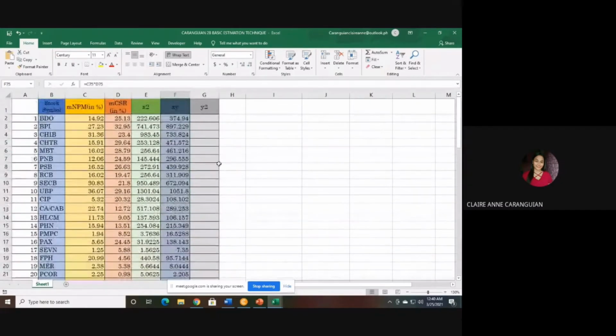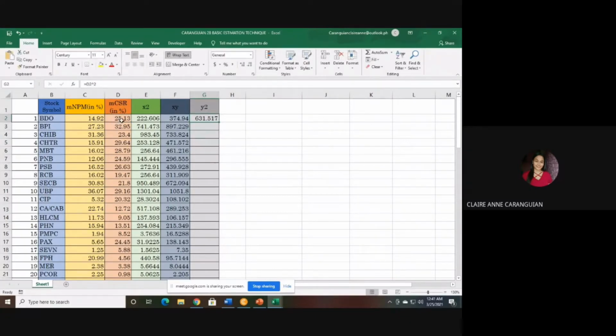So, let's go to y squared. Same process as x, but now for y. So, equal sign. This is our y, the mean of cooperative social responsibility. Number 1 is 25.13. Same process: shift 6 and 2 to square, then enter.